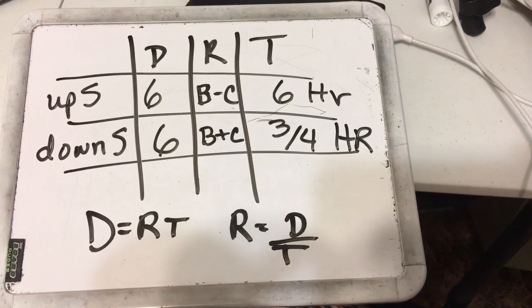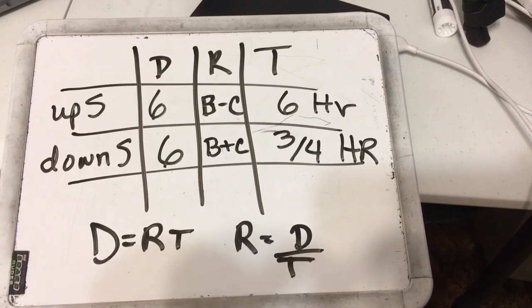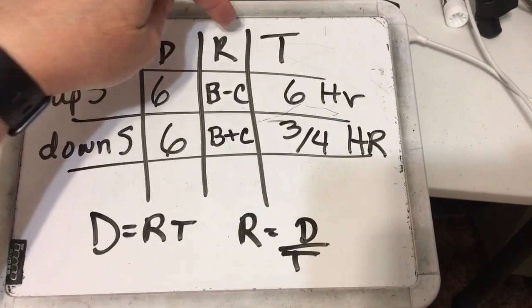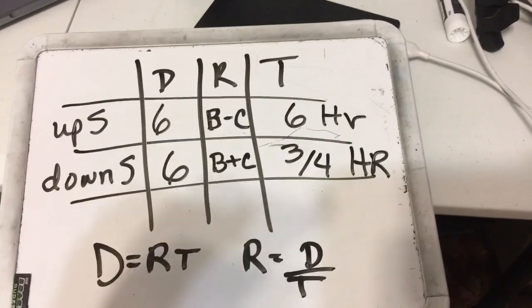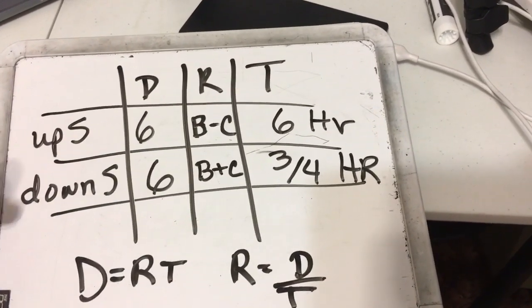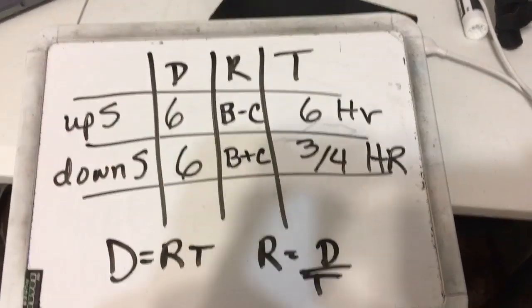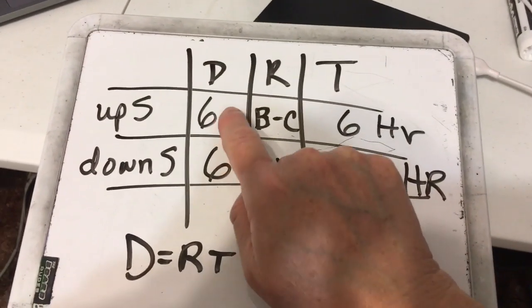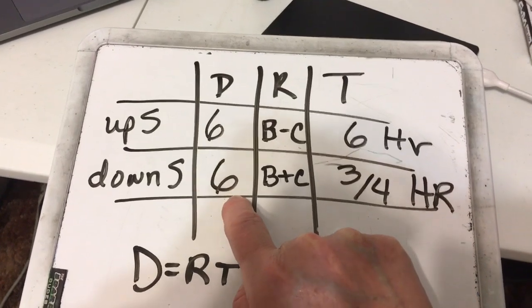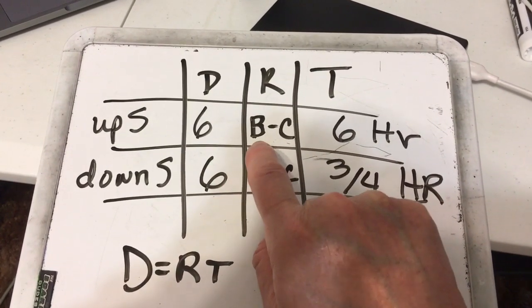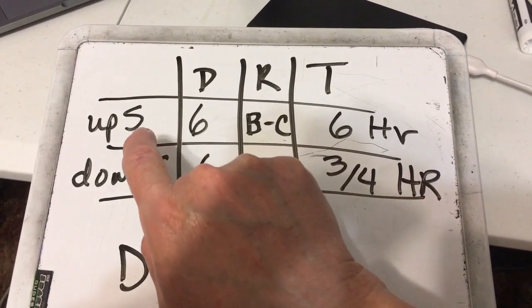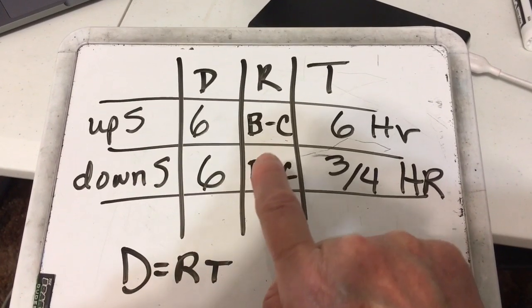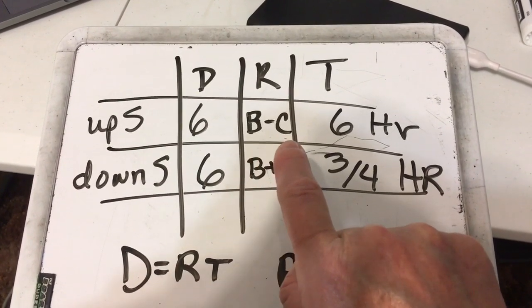All right, so what I would do is I would make a chart. This is a distance, rate, time chart, and I have it going upstream and downstream. So I've just put my data in there. I've got 6 miles both ways, and then the rate of the boat going upstream is against the current, so it's going to be the speed of the boat minus the current.